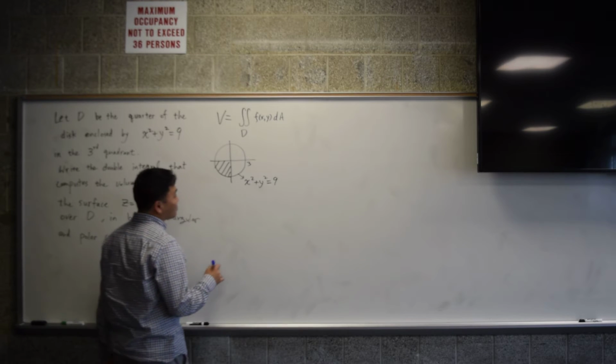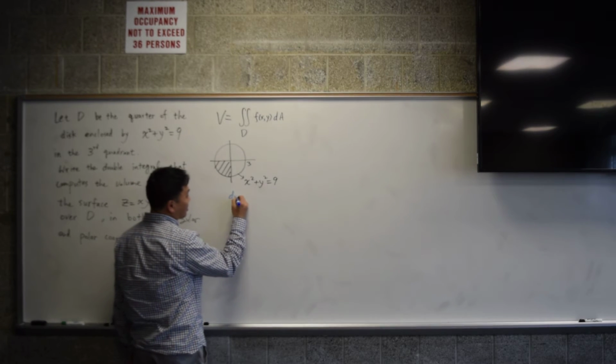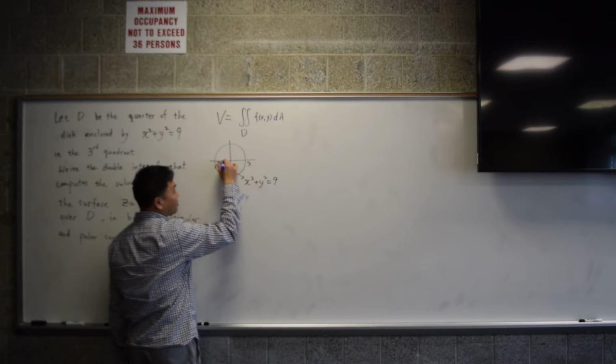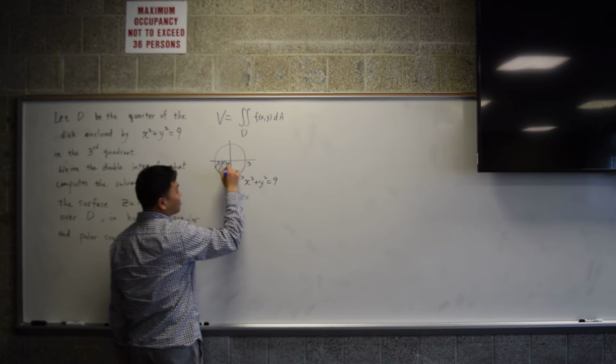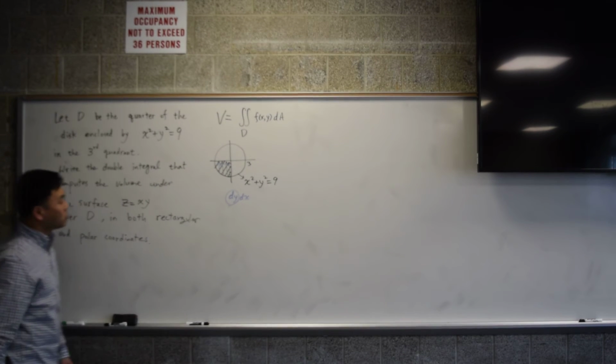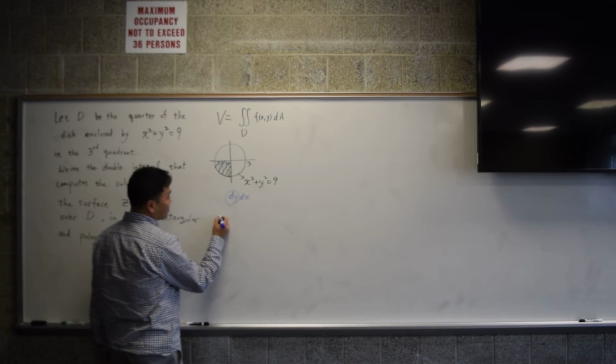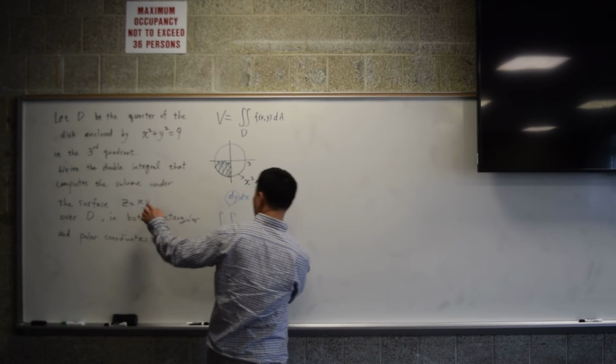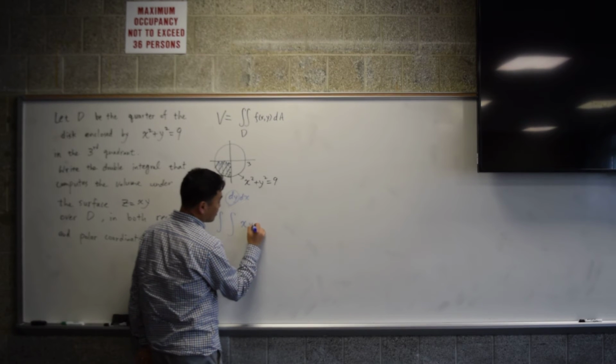Okay. Let's do dy dx for the rectangular. If dy is inside, that means you're increasing in the y direction. That means I'm painting this region upwards, right? Which means when you write this, you should be integrating this function xy, that's our function.